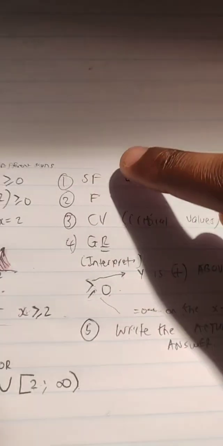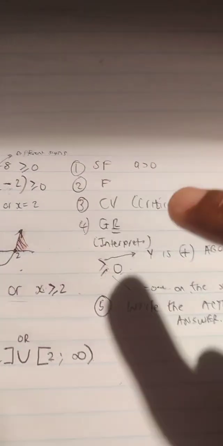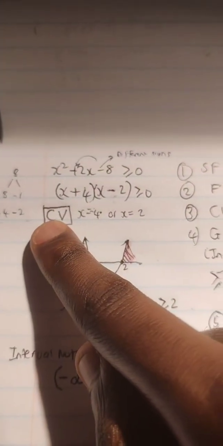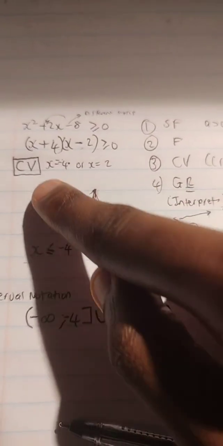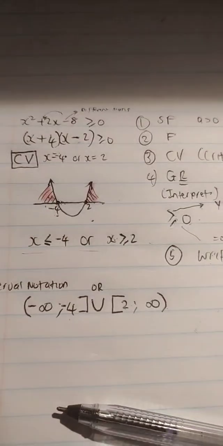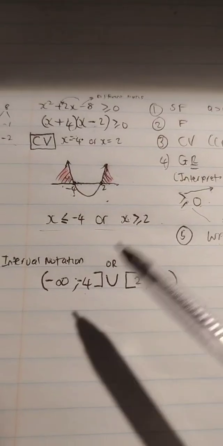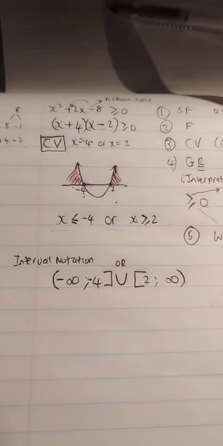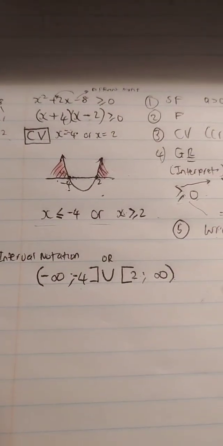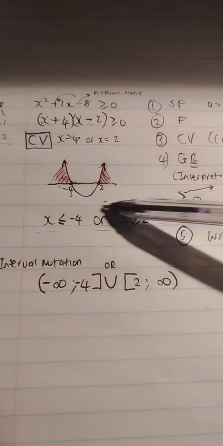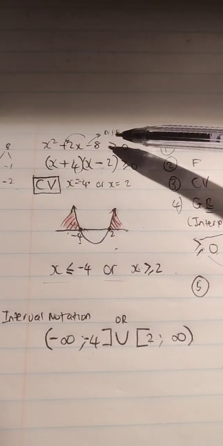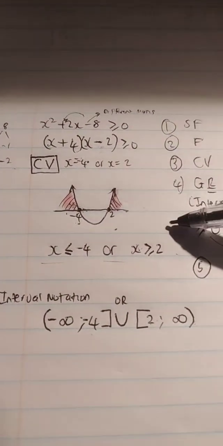He did standard form, he factorized, he wrote down the critical values and put CV to indicate them. He drew the graphical representation, and I was like, yo, this boy is going so well so far, because all the other questions before that he was doing so well. Then he forgot to write the actual answer, the representation of the values that would satisfy the inequality.